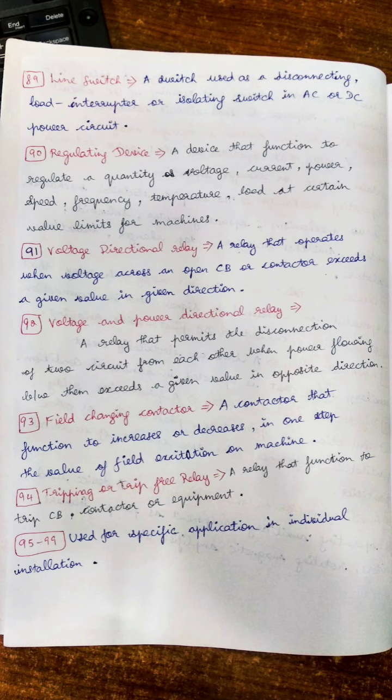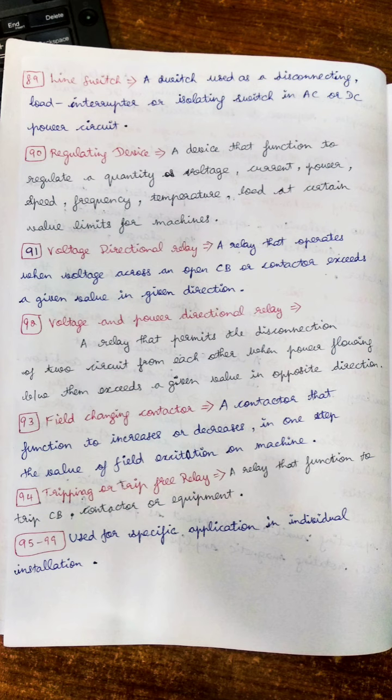The 95 relay will be used as a trip supervision relay, and 96 will be used for some special protections like feeder differentials, frame differentials, or even some teeth differentials. These 96 relays can be named as per the installation or the client's requirement.